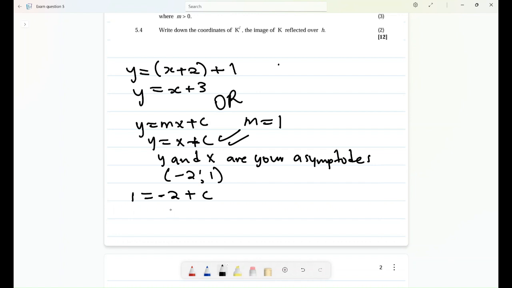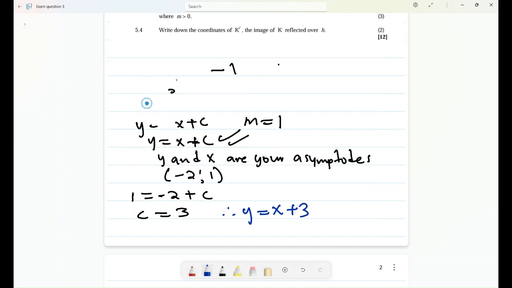What is the value of c now? The -2 goes to the other side and becomes 3. Therefore, y is equal to x plus 3. So this is more or less the same, but I prefer using the first one.